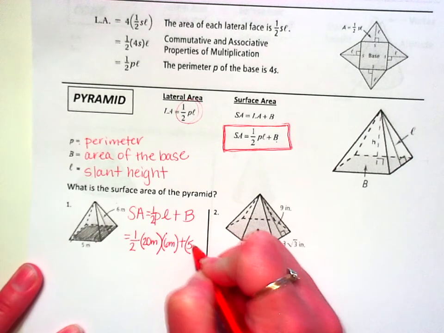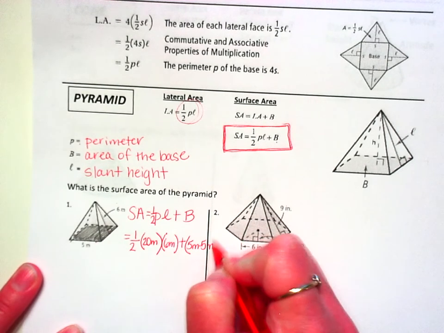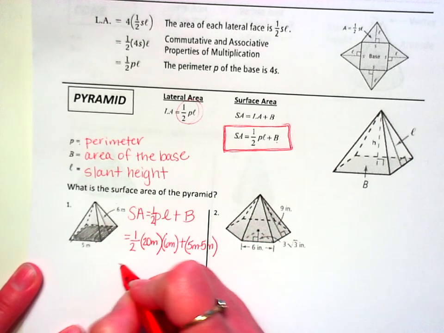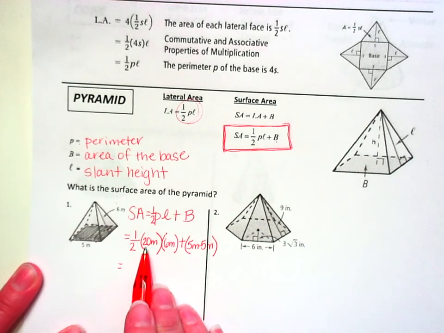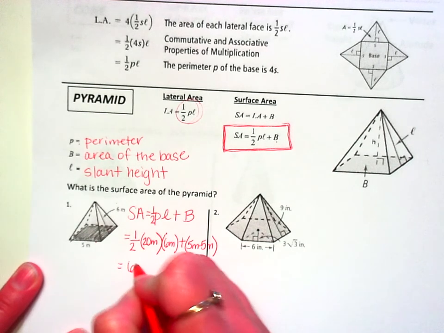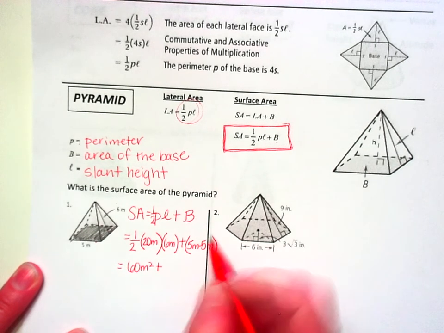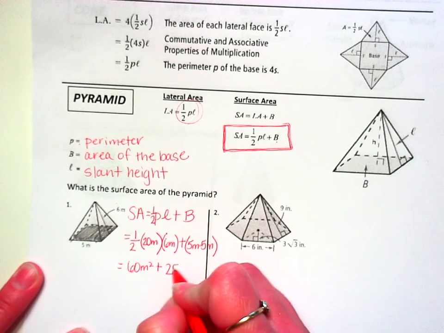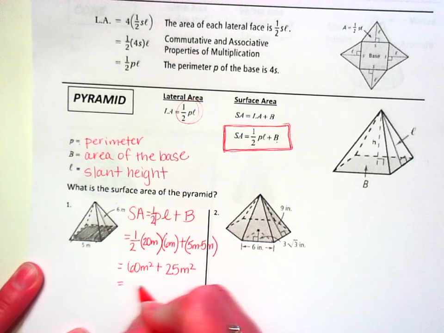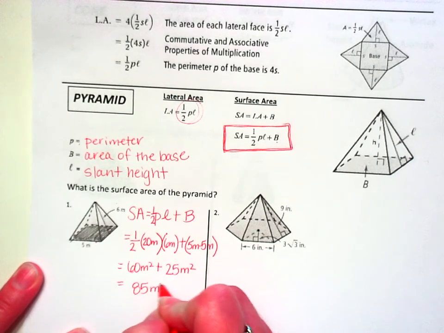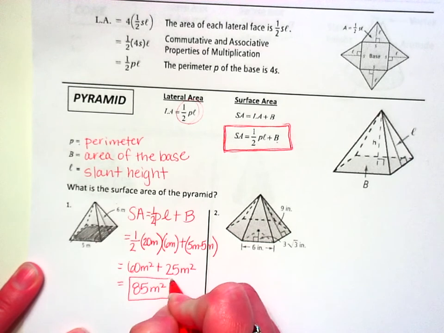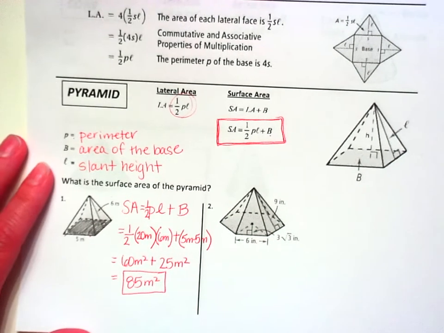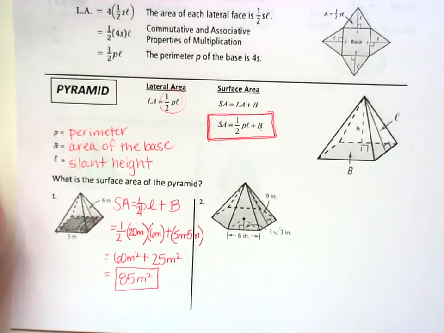So 5 times 5. Okay, so half of 20 is 10. 10 times 6 is 60. And then 5 times 5 is 25. So 85 meters squared.